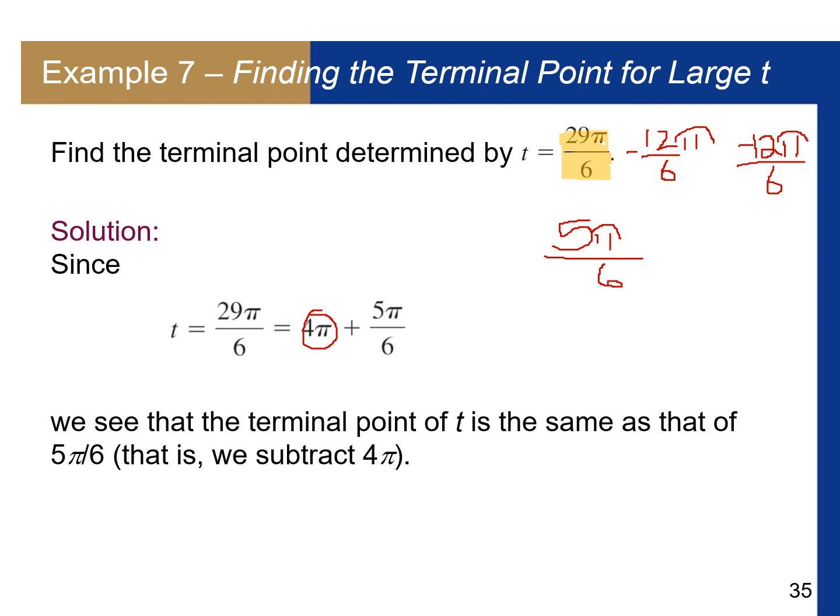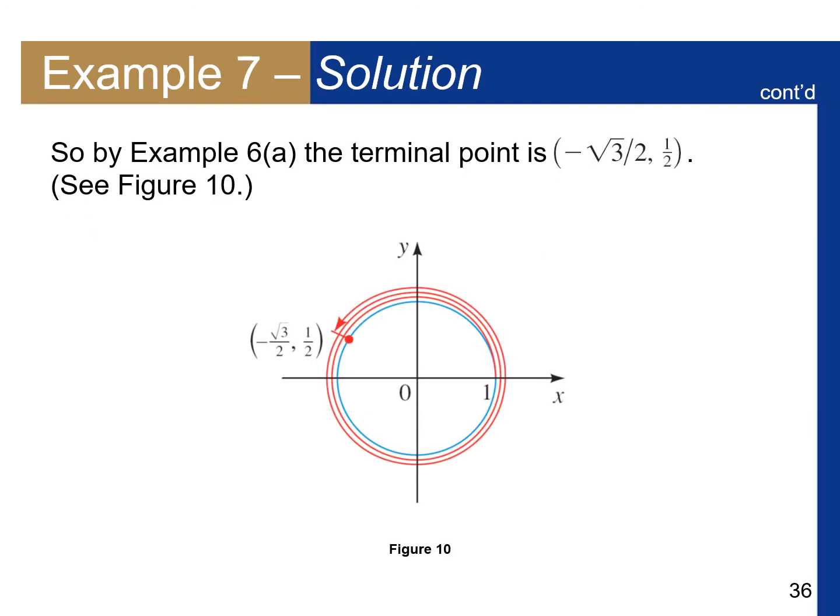So now we subtract that 4 pi away from it, and we're just left with 5 pi over 6. And we're going to go from here around to 5 pi over 6. We know we are in the second quadrant, so our x value is negative and our y value is positive.